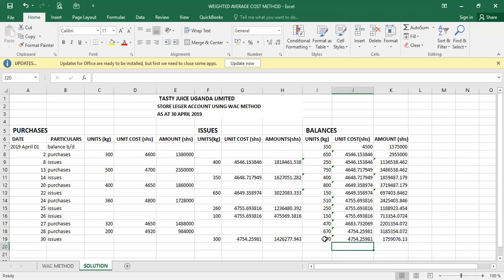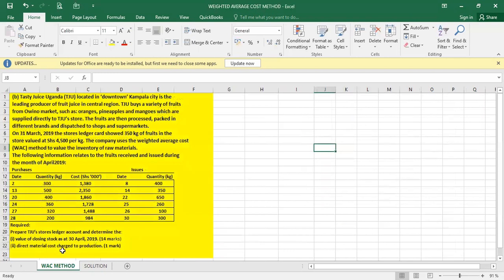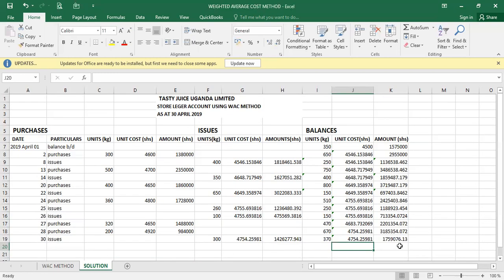So that's how simple it is. We are done with that, but they wanted the figure for the closing stock. Our closing stock is this. That's the value of our closing stock.